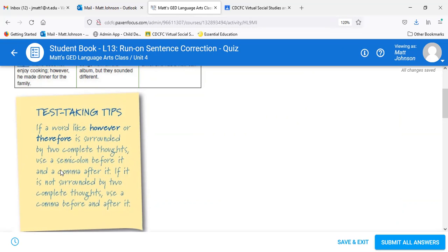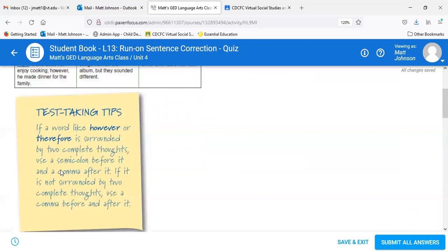But if you have a complete thought before that, however works a lot like but, right? If you're using those phrases, you can break it up, where you could use simply a comma, but this, right? It's a transitional word. It shows contrast.